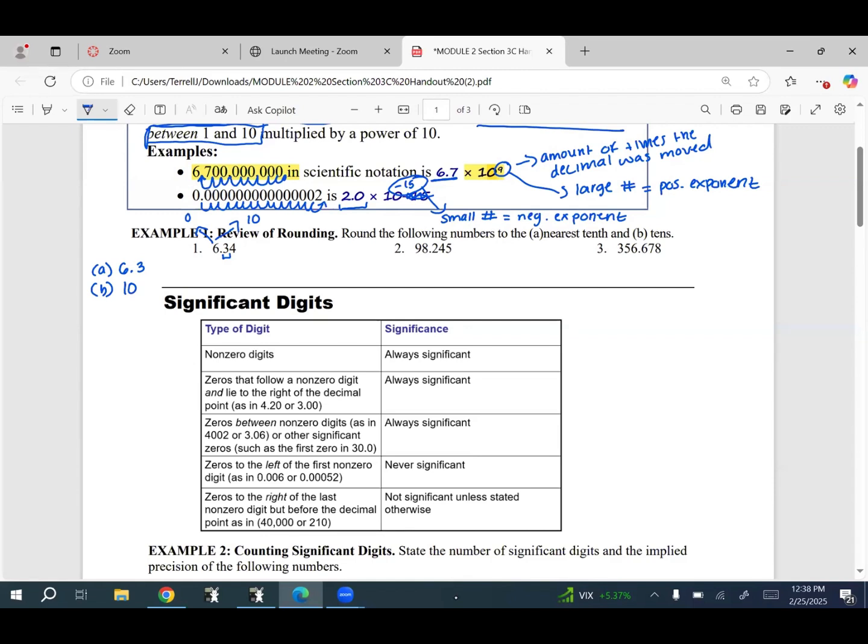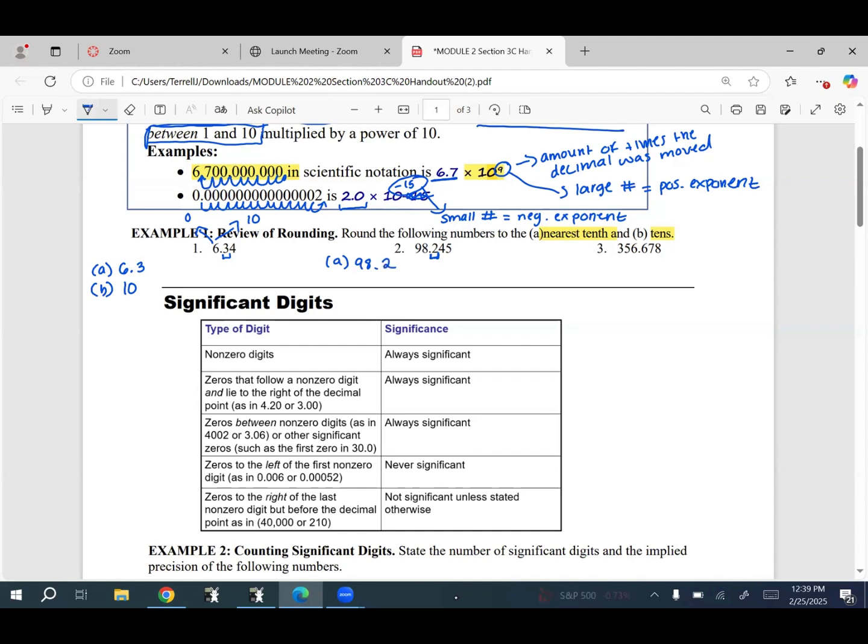In the same way, let's look at number 2. We want to round it first to the 10th place. So currently in the 10th place is the 2. And then you want to look to the right of that. To the right of that is a 4. So I'm going to keep this as 98.2.